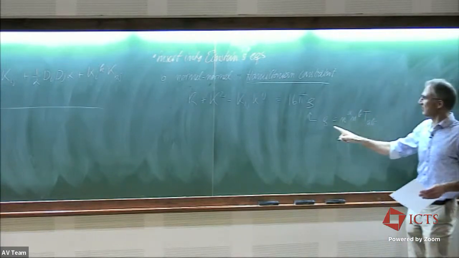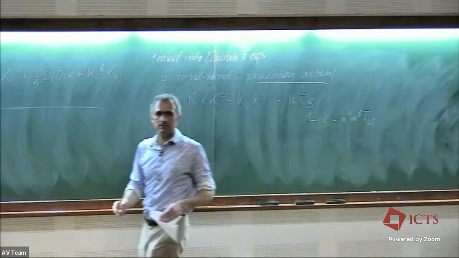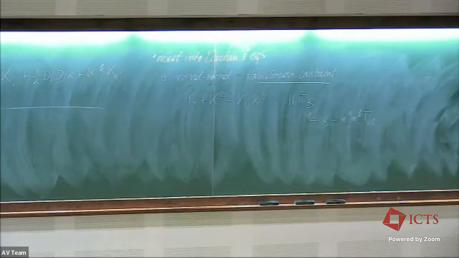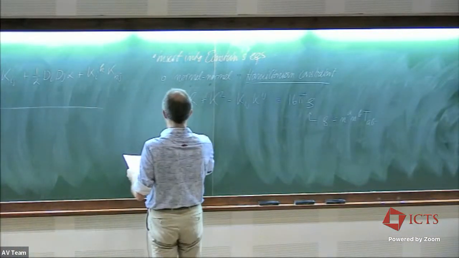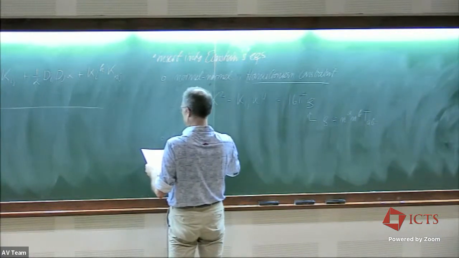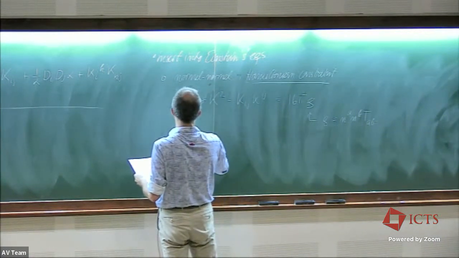In other words, this is the energy density as seen by a normal observer. That's the Hamiltonian constraint. Then we take a time-space projection, or normal-space projection.